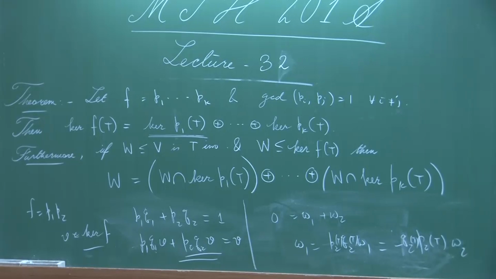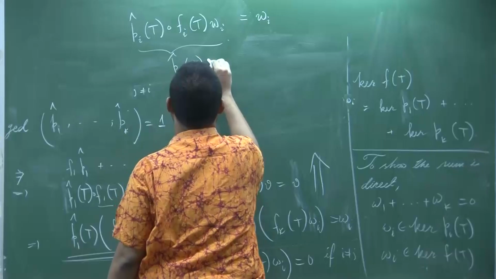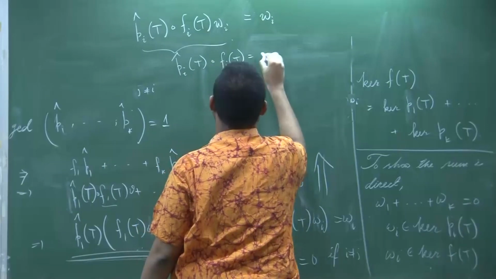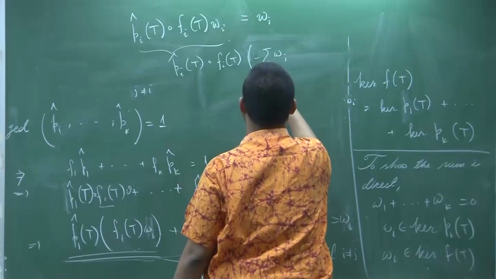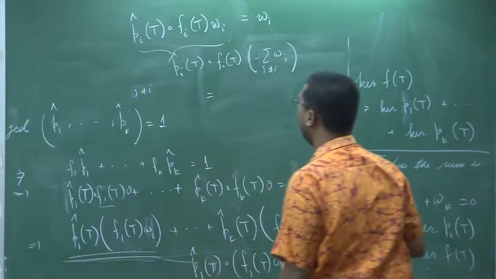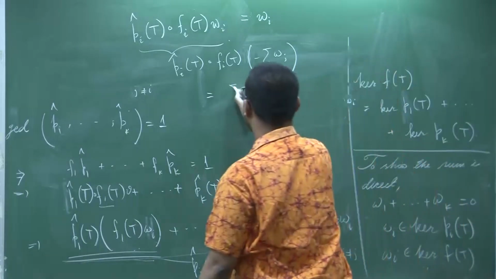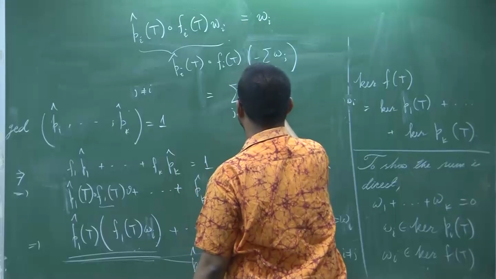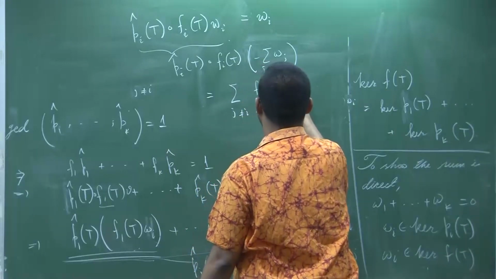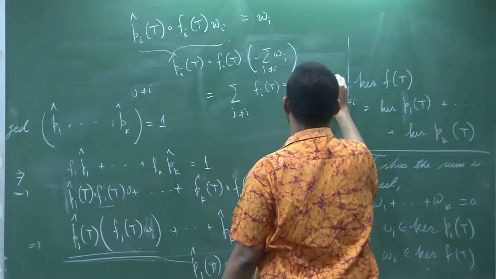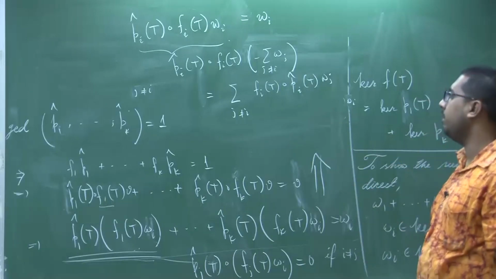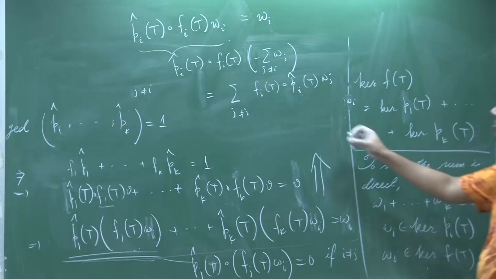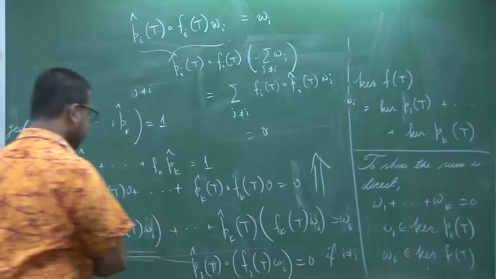So, look at this term better. So, Pi hat T composed with Fi T, write W1 as the sum of other Wj's, j not equal to i. Now, when we apply for all j not equal to i, we see this will be Fi of T composed with Pi hat of T of Wj, and the Pj T term is appearing and Wj is coming from the kernel of Pj T. So, this becomes 0, okay, done.